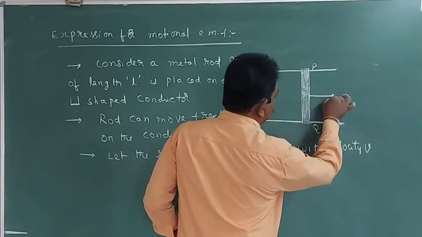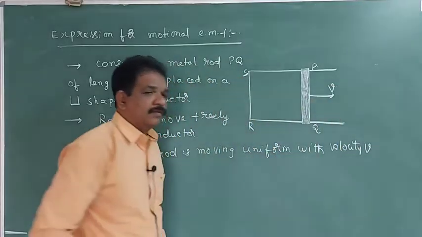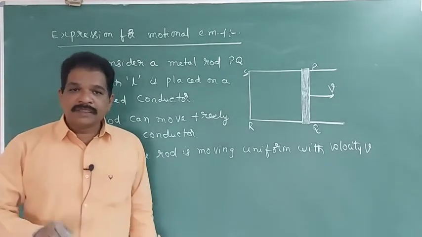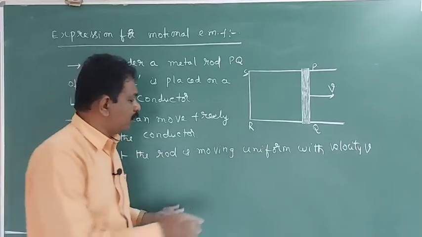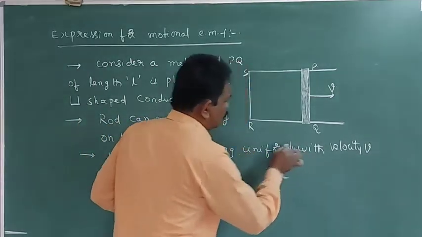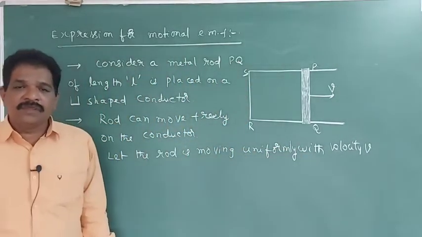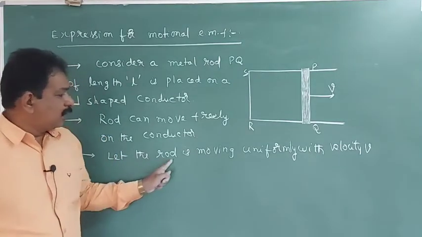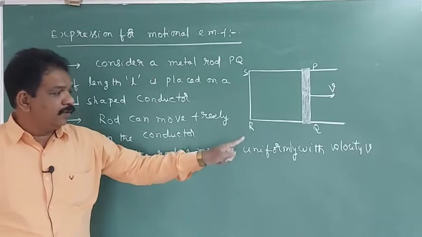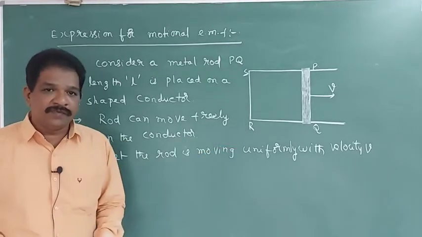This rod is moving like that, I am assuming. With what velocity is it moving? Uniformly, with velocity v. Point is clear? Let the rod be moving uniformly with velocity v.